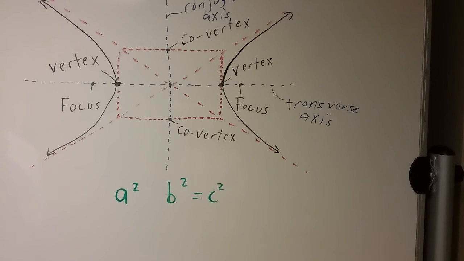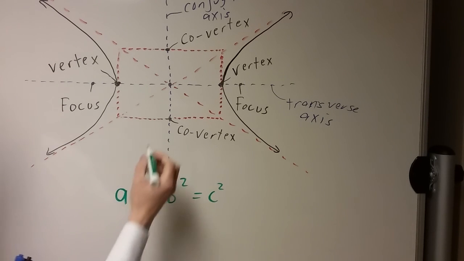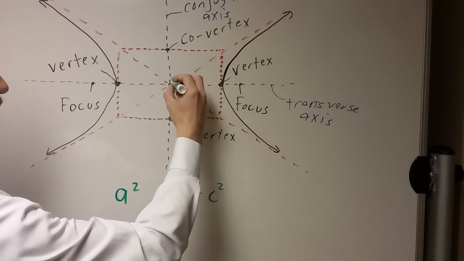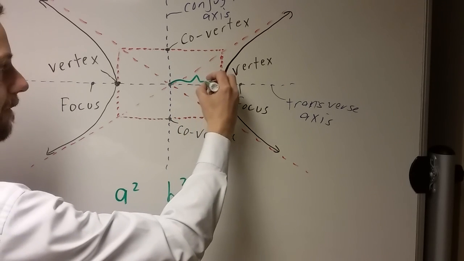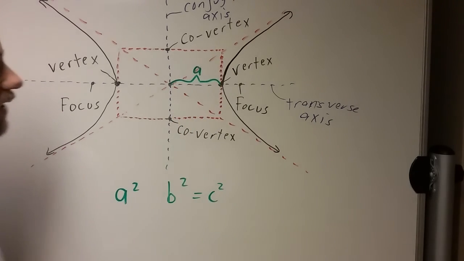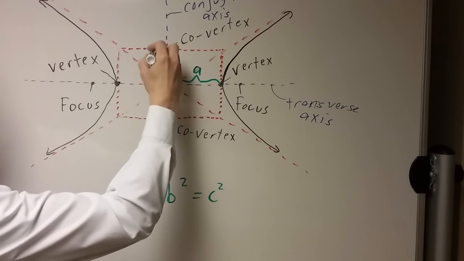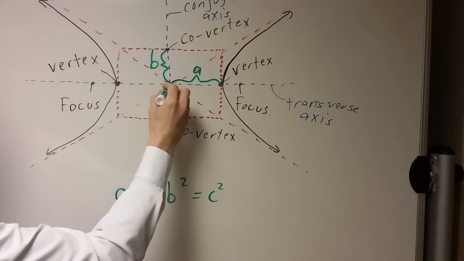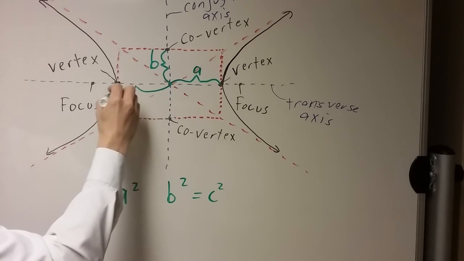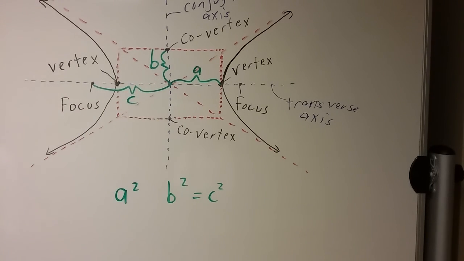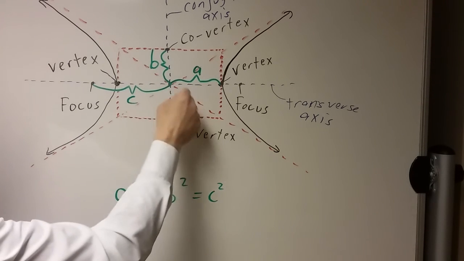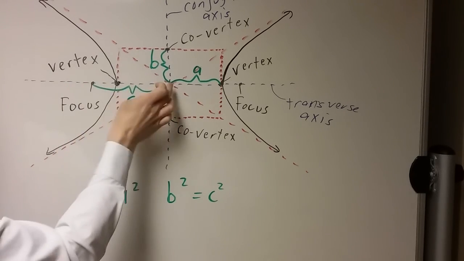We've already used these same variables to represent lengths. They're going to be the same as they were in an ellipse. Distance from center to vertex, we're going to call A. Distance from center to covertex, we're going to call B. And then distance from center to focus, we're going to call C. So those are the same as they were before: A, center to vertex; B, center to covertex; C, center to focus.